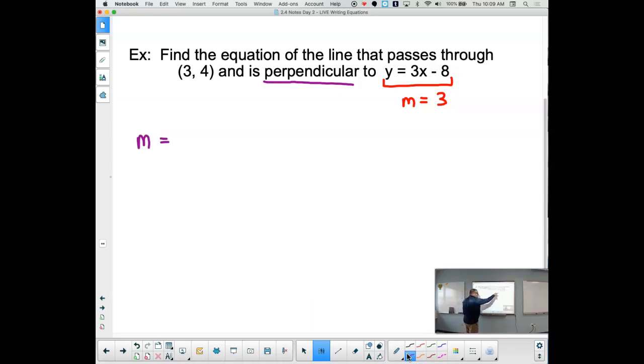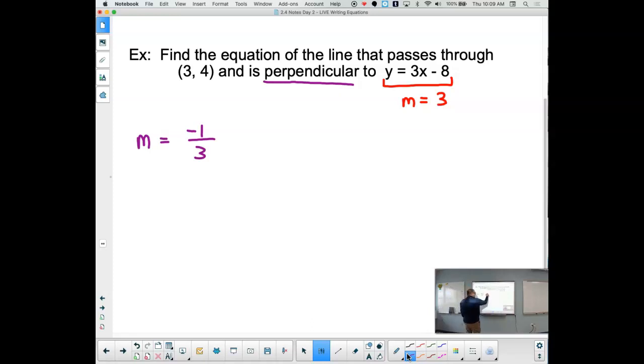Opposite means it's going to be negative. Reciprocal means I take 3 over 1 and flip it around to 1 over 3. So that's the slope I'm going to use.